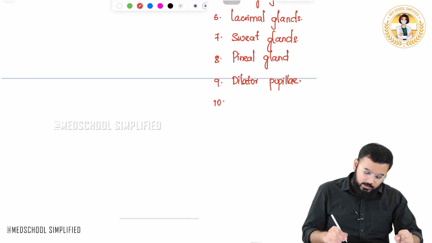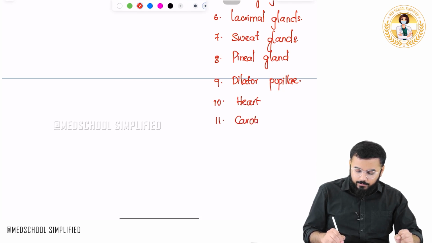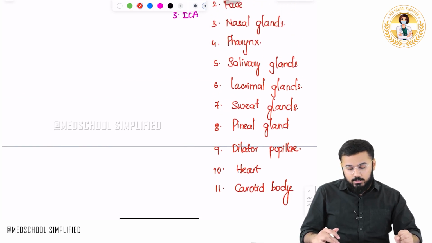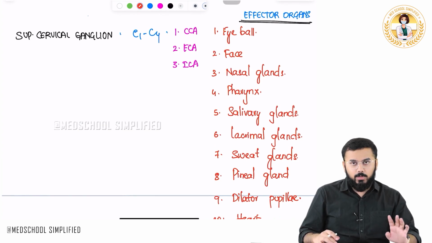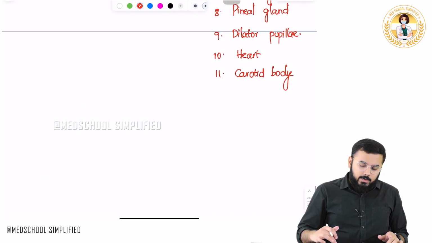Next, after that, the next important thing is your heart. And after the heart, the 11th important thing is your carotid body. So, these are all the structures where your superior cervical ganglion is innervating. We will revise that later on.